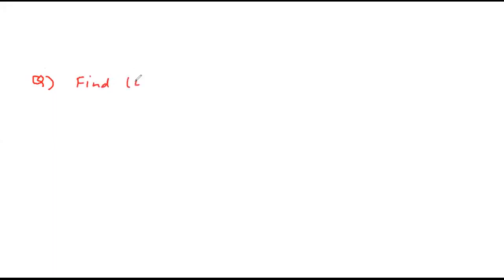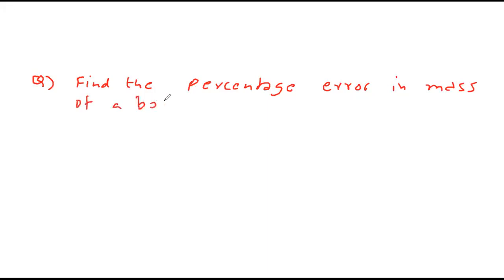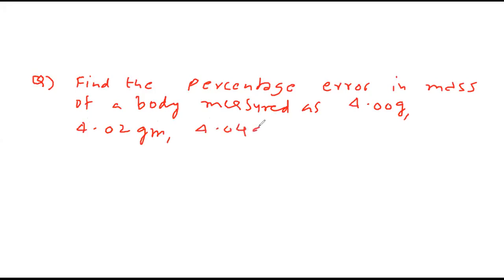Find the percentage error in mass of a body measured as 4.00 gram, 4.02 gram, 4.04 gram, 3.96 gram, 3.98 gram.